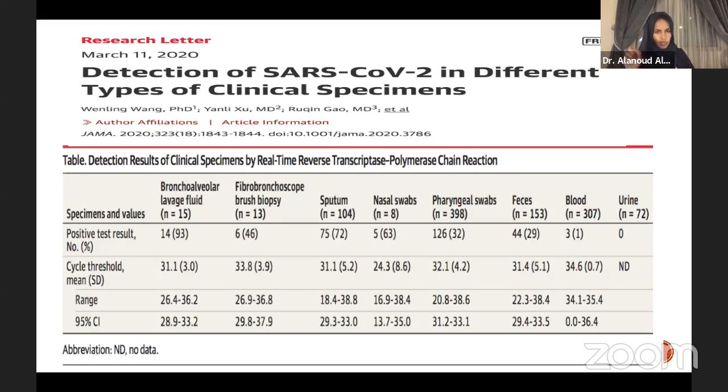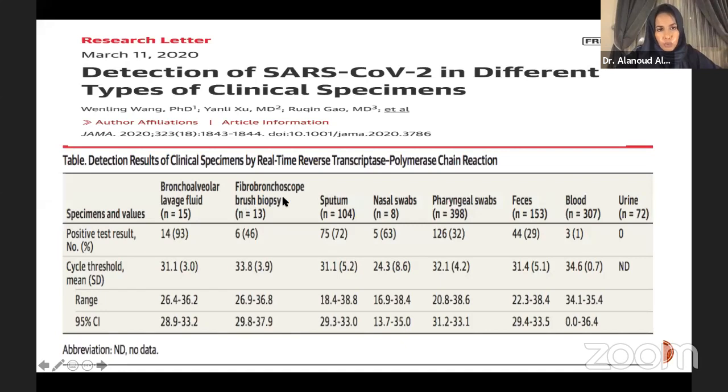And as I showed you in the 2x2 table to calculate sensitivity and specificity, the gold standard always needs to be a test that can really 100% or 95% tell you that the patient has the disease. So they tested 1,070 samples. 15 were from bronchoalveolar lavage, and out of the 15, 14 were positive, with positivity of 93%.